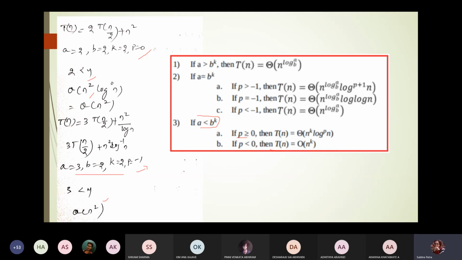So theta of n raised to K, right? K is 2, so it will be of the order of n squared. So this way, if it falls in the categories of the Master's theorem function and these conditions are met, then you can find out the time complexities directly. Hope this is clear.